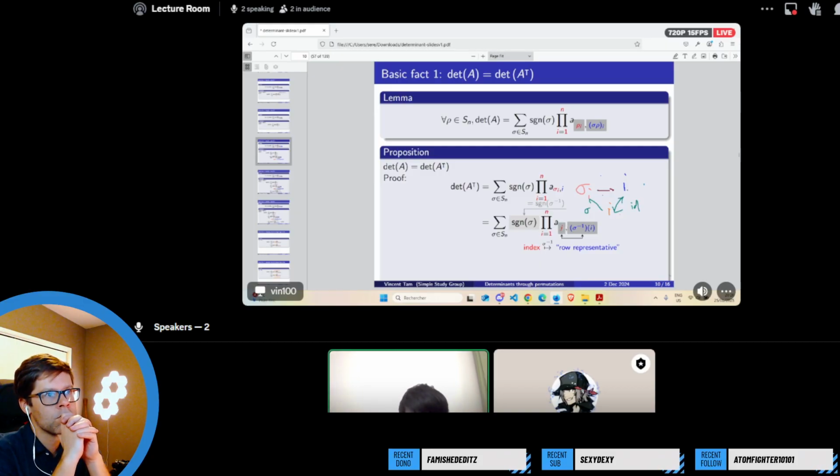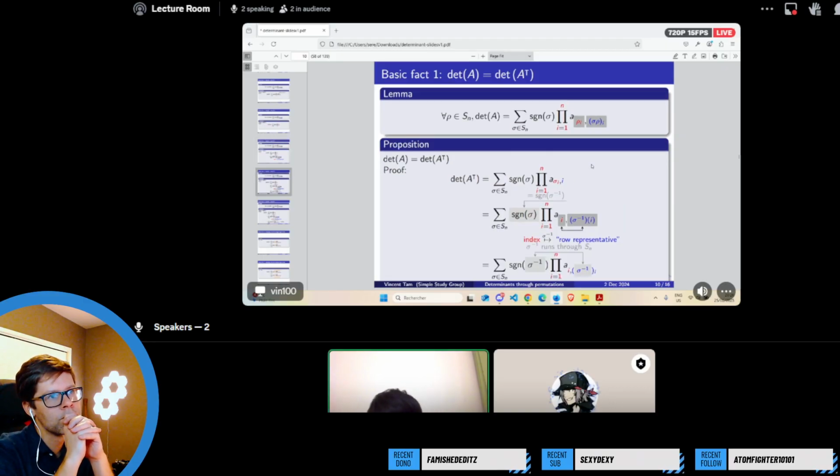That's why here I'm writing I, and then here I'm writing sigma inverse of I. And this is a skill that you can apply when you are doing this kind of derivation.